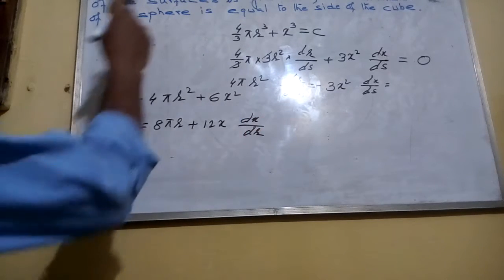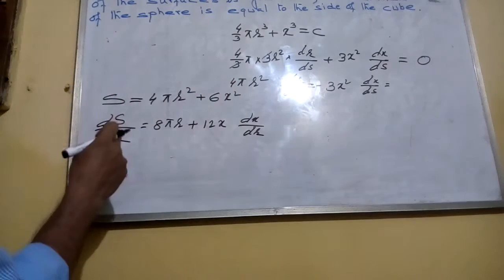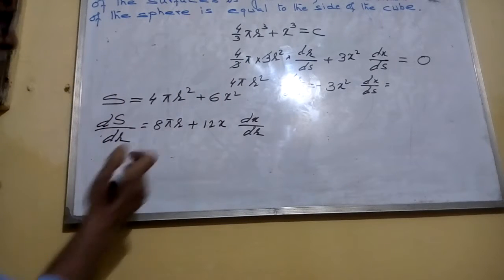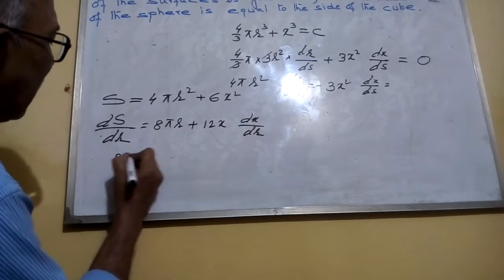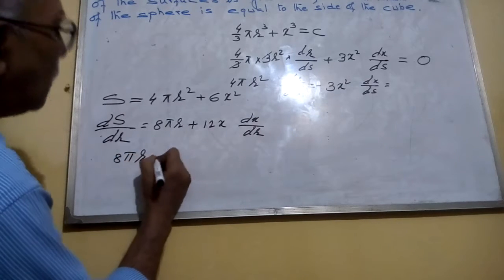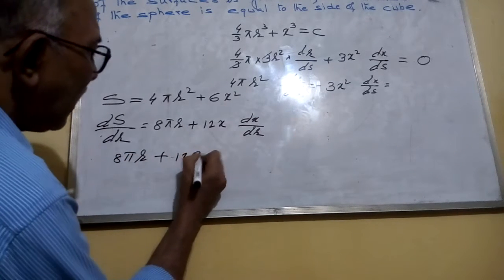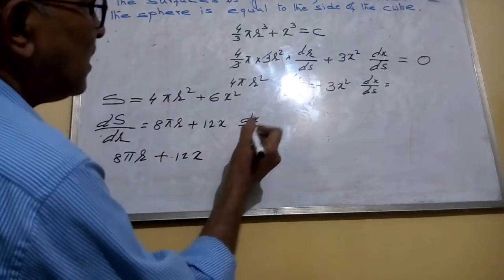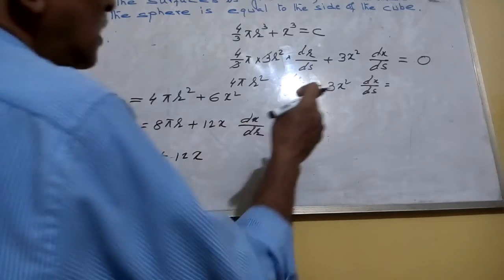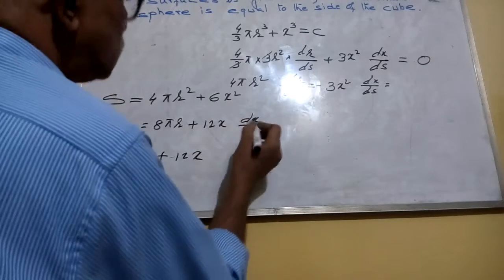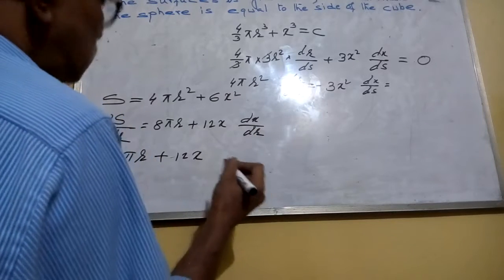Now when the surface area is greatest, then dS/dr will be 0. That means 8πr + 12x dx/dr = 0.